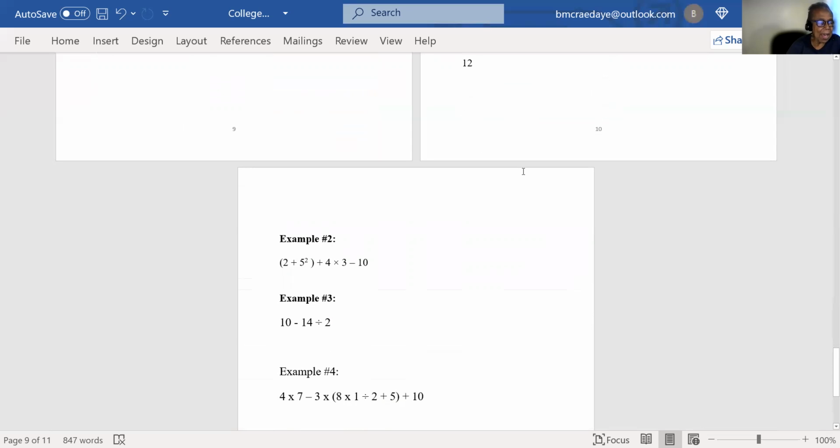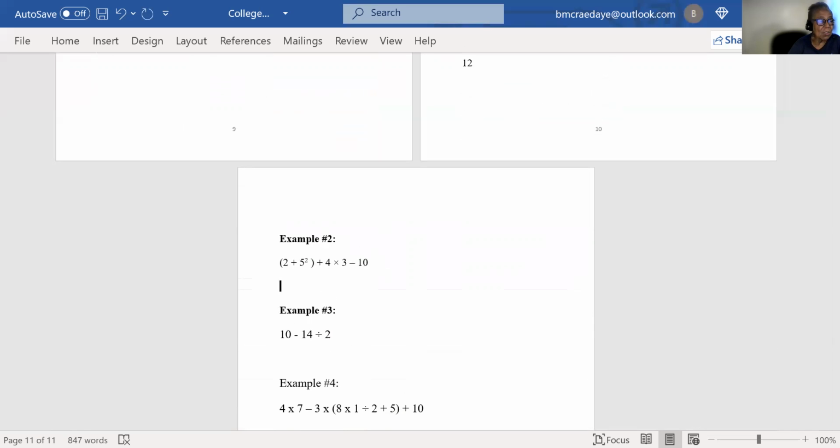2 plus 5 to the second, plus 4 times 3 minus 10. Now, what do you do first? What do you think you do first? You have to do what is in parentheses. So what is in parentheses? 2 plus 5 to the second, but that's a power, right?